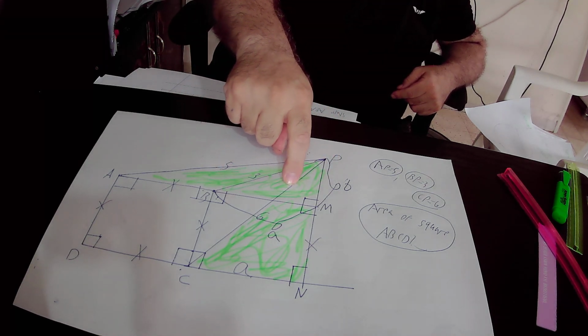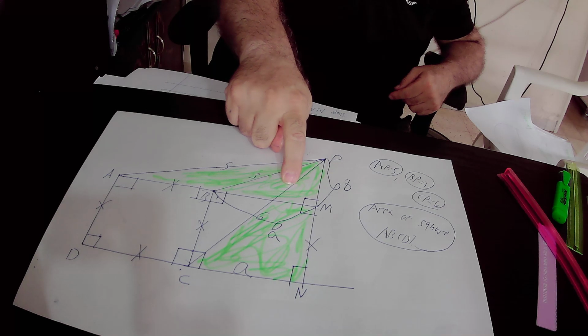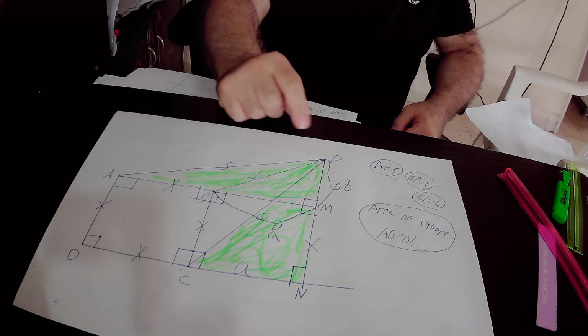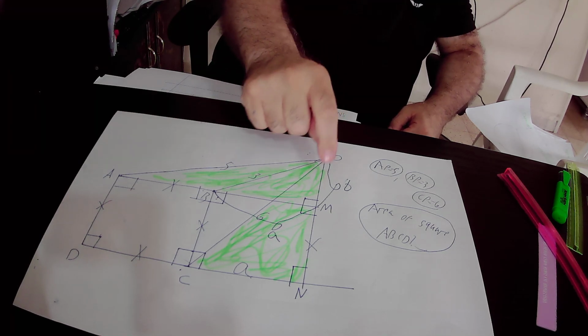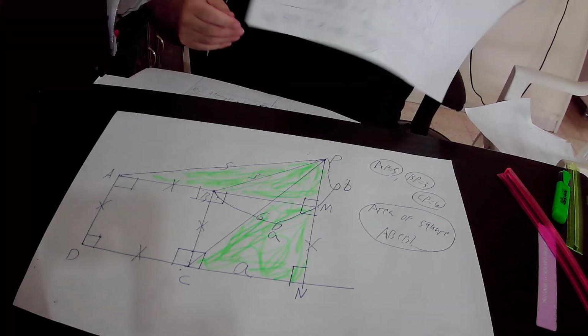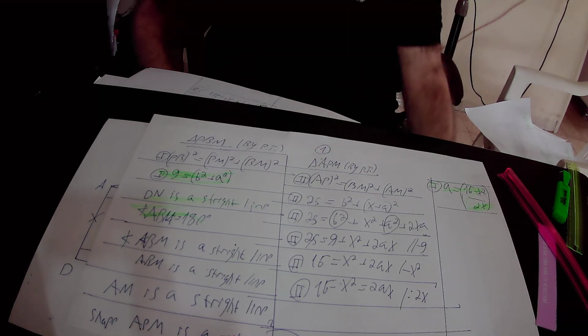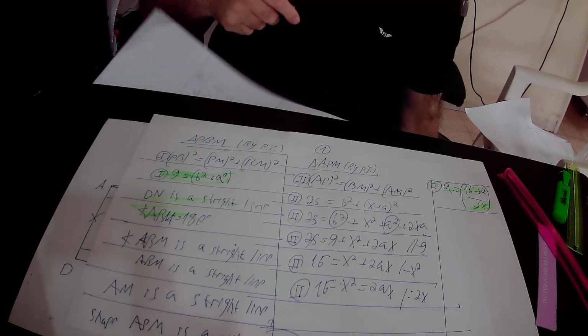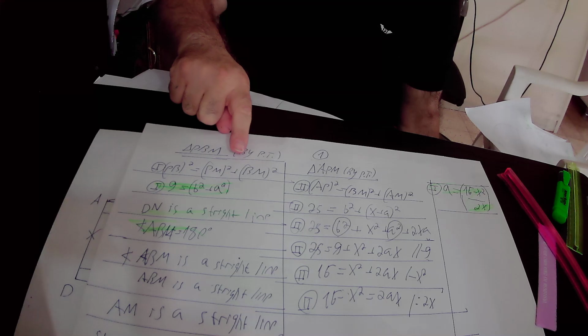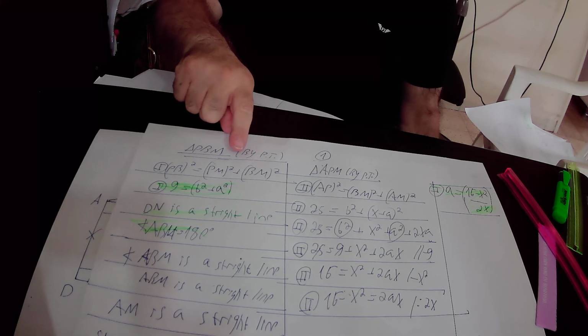We implemented the Pythagoras theorem on this right triangle PMB. According to the Pythagoras theorem, PB square equals PM square plus BM square.